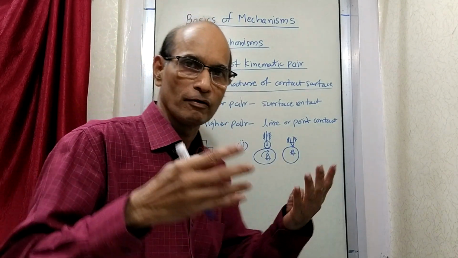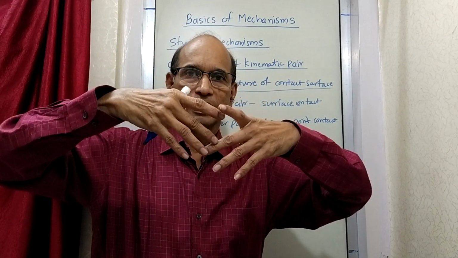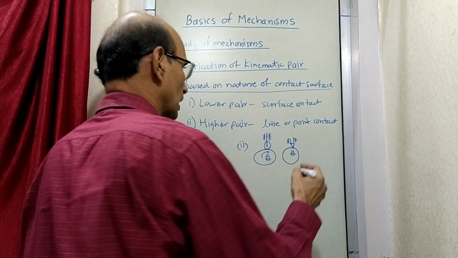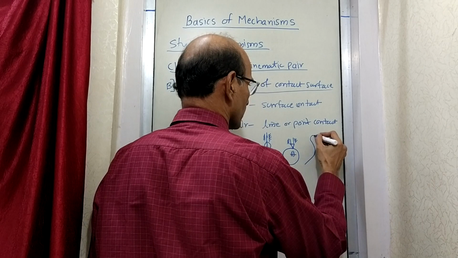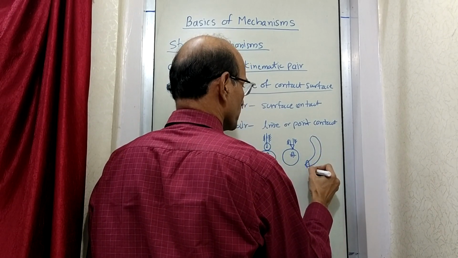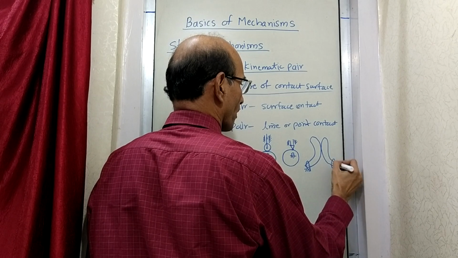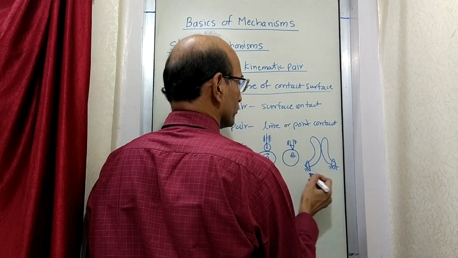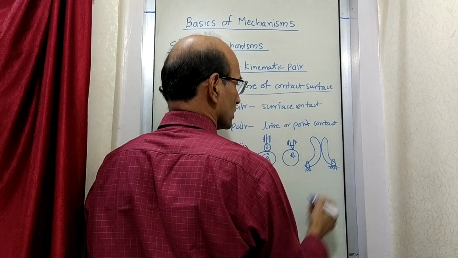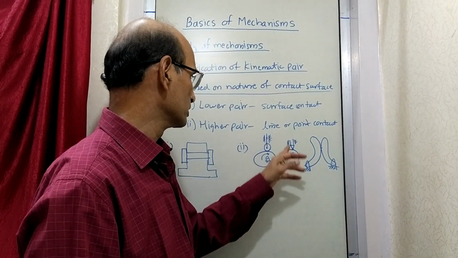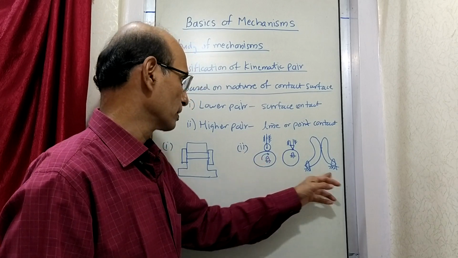If you take a gear, when two gear teeth are meshing, they are touching each other again in the form of a line. I will also draw another mechanism with a very odd shape. One movement and another movement, here there is a line contact. It has got thickness. So this is an example of higher pairs.